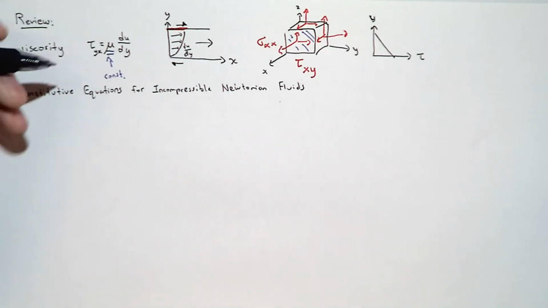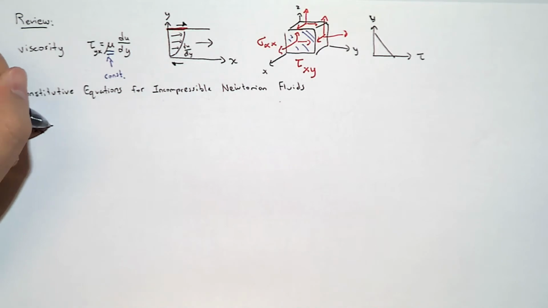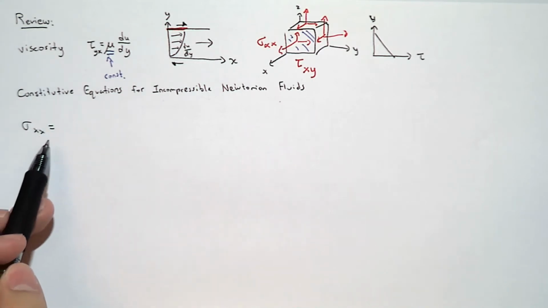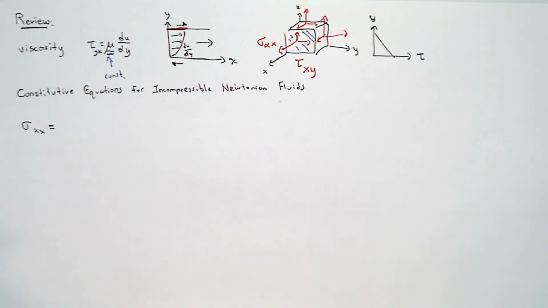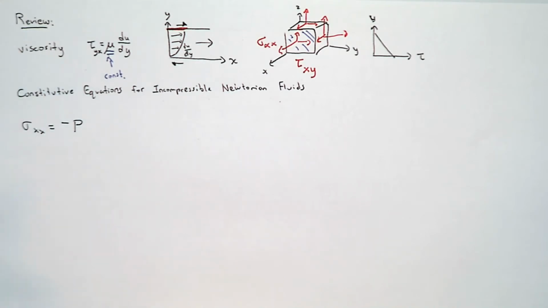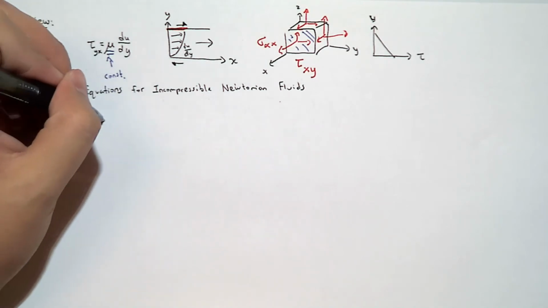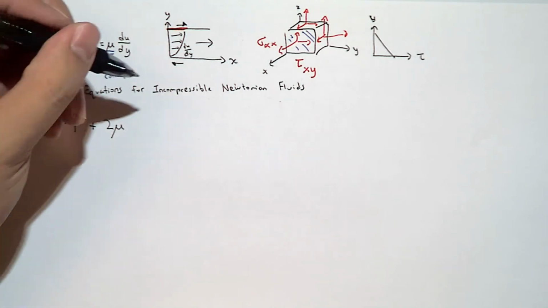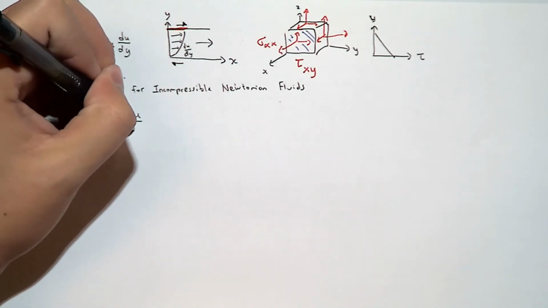So these constitutive equations tell us that the normal stress acting in the x direction for a fluid is equal to the pressure acting into that fluid particle plus the viscous normal term acting towards that fluid particle.